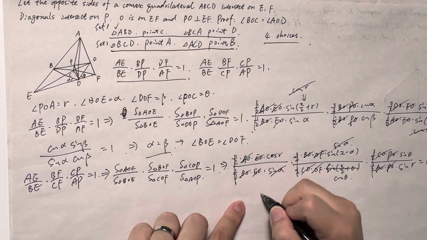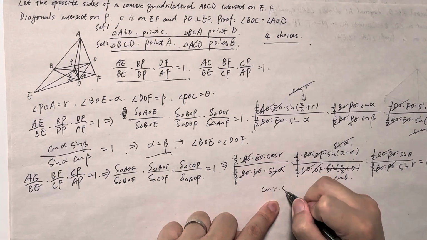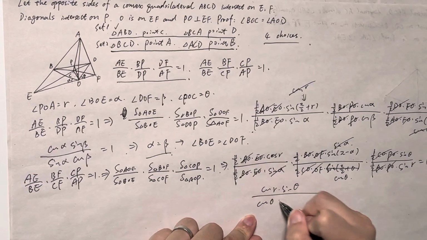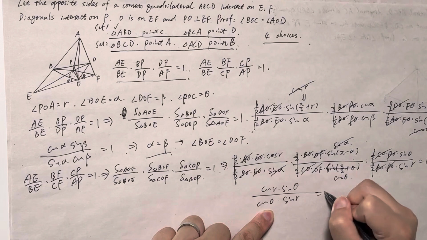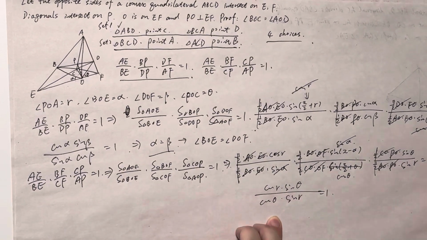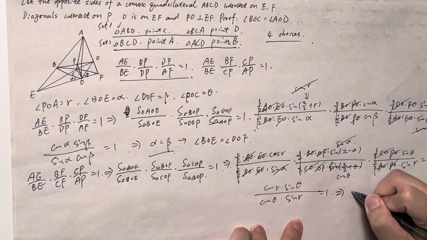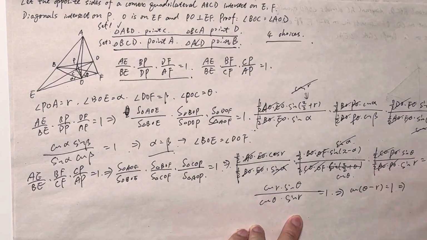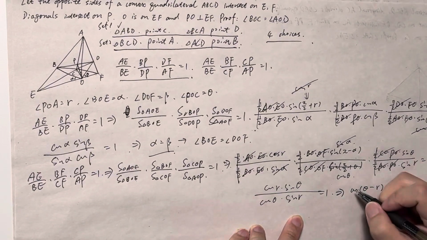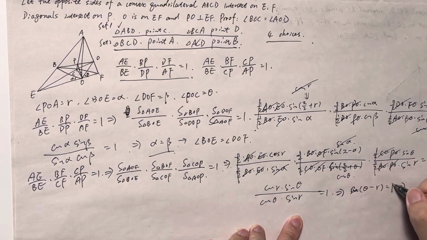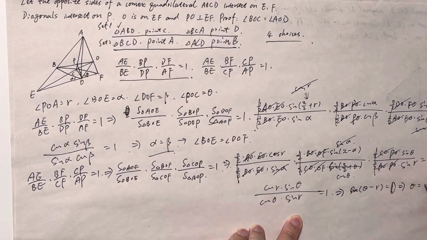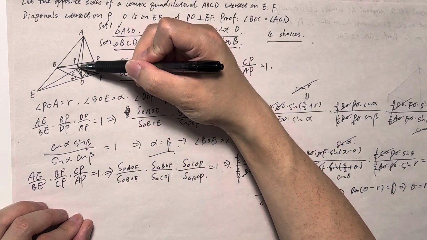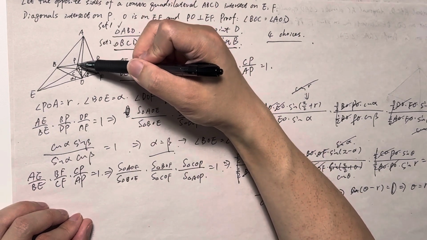Finally we got cosine gamma times sine theta divided by cosine theta times sine gamma equals 1. So this means sine of theta minus gamma equals 0. That's theta equals gamma, which means COP and AOP are the same.